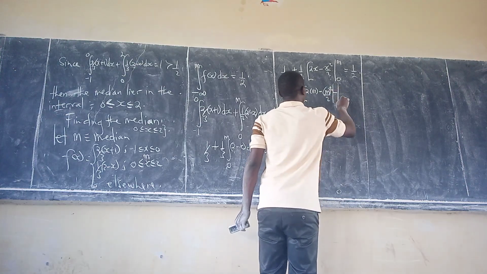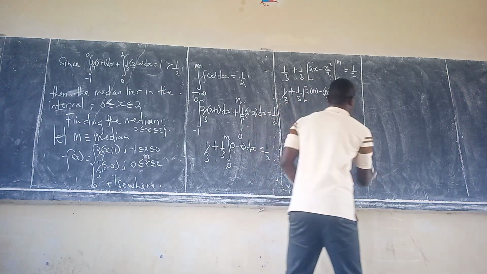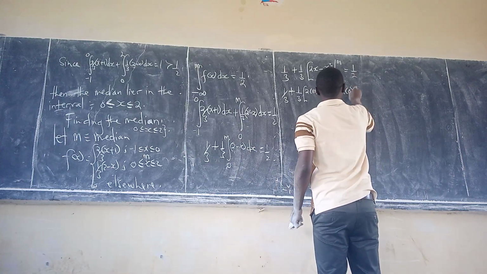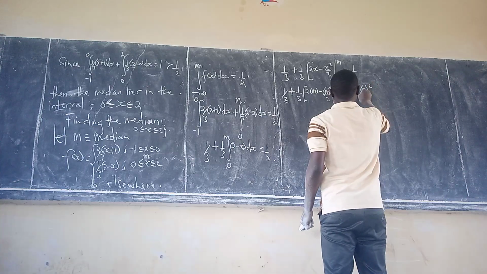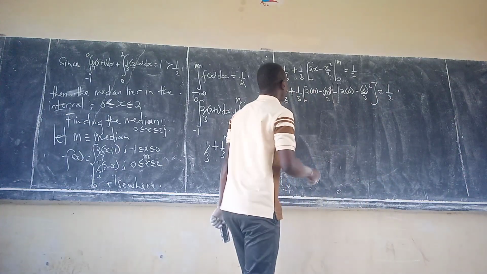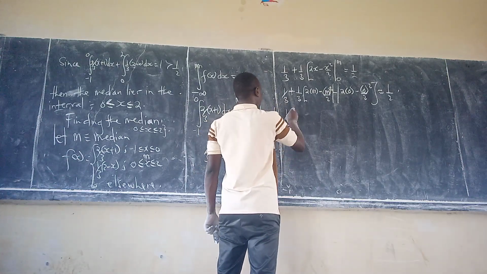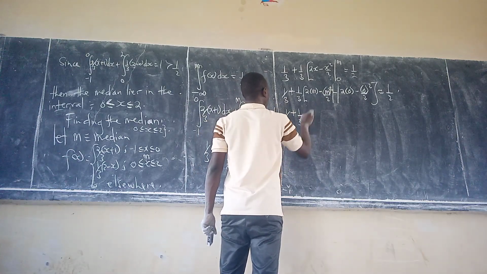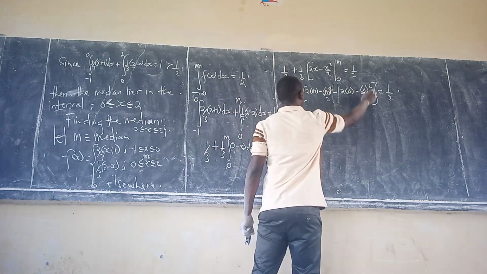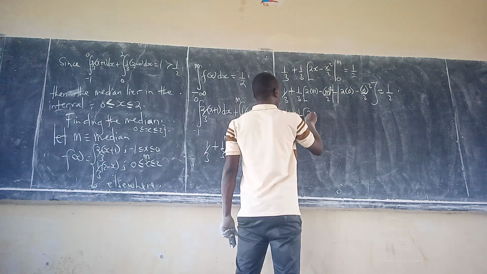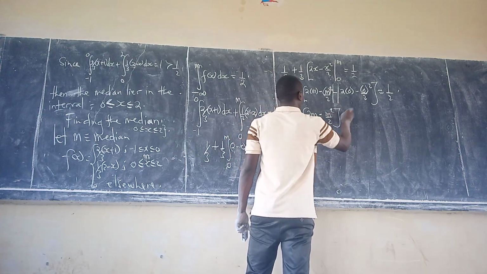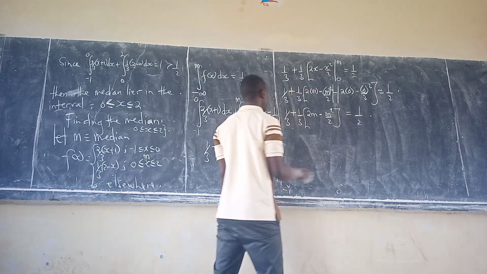Now putting the lower limit, it is 2 times 0 minus 0 squared over 2, and all that should be a half. So we are going to have 1 over 3 plus 1 over 3 into, this whole lower limit part will go to 0, so into 2m minus m squared over 2, and all that should be a half.